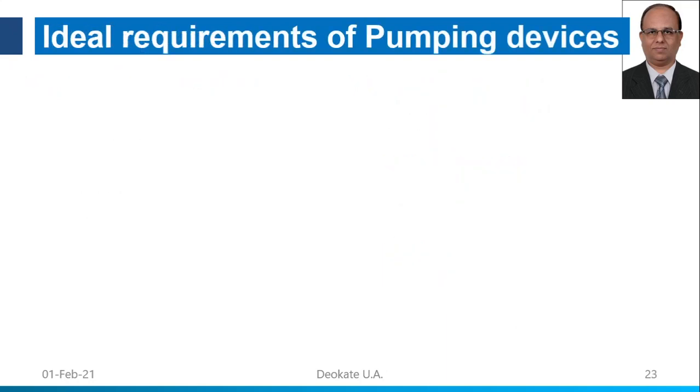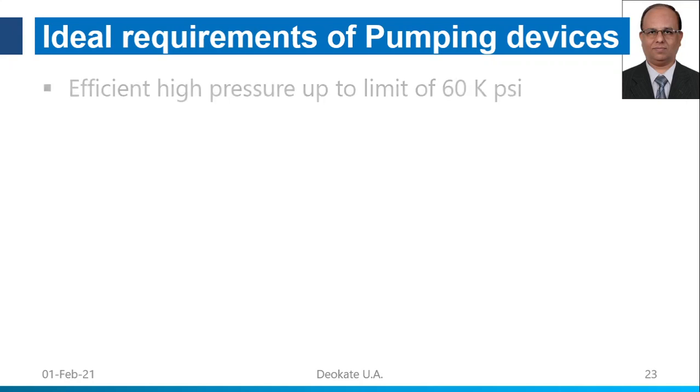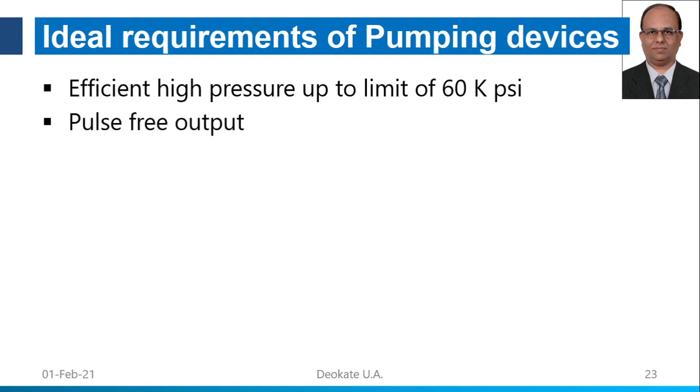The third component is your pumping devices. The ideal requirements of pumping devices include efficient high pressure up to 60 kpsi. This pressure depends upon whether it is normal HPLC or UHPLC. UHPLC means high performance, where small columns are used and high pressure is used, up to 100 kpsi.